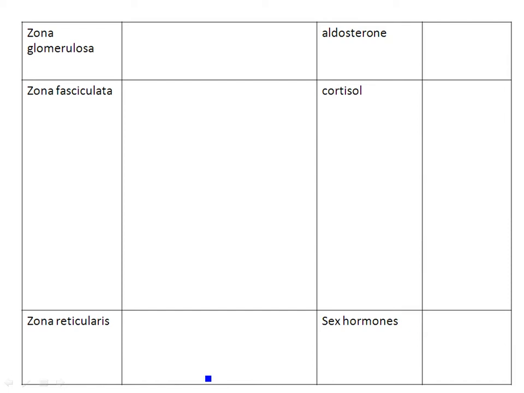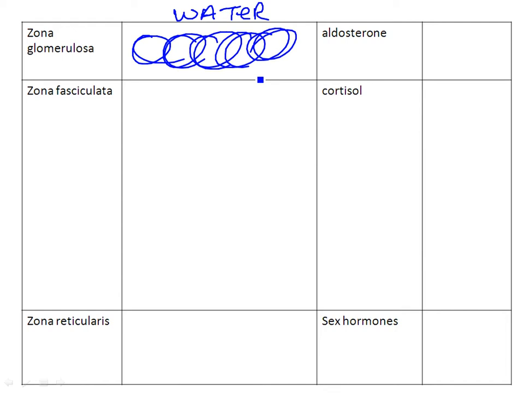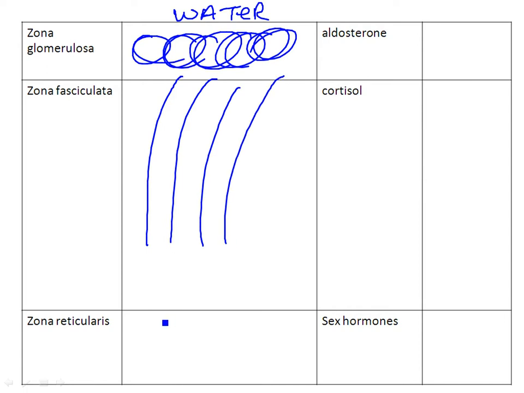All right, remember using the water as our clue to remember things. Glomerulosa, we're going to have balls of water, we're in the rapids. Fasciculata, we have columns, so we're going to make that a waterfall. And then the reticularis, the nice flowing smooth water again.